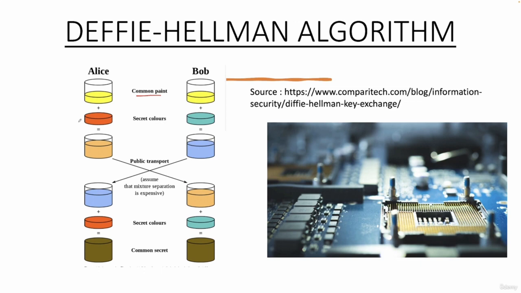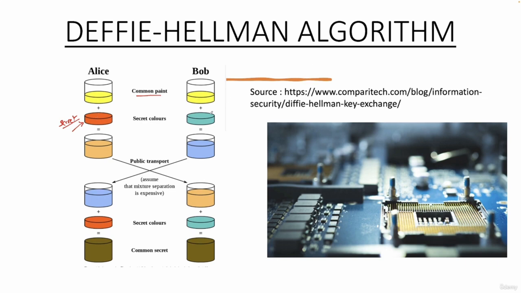Now comes the part where you need to use your own secret color. This is secret to Alice and secret to Bob. Let's say Alice says, okay, I'll pick red, but you don't have to tell anybody. Alice is not telling that secret color to anybody.